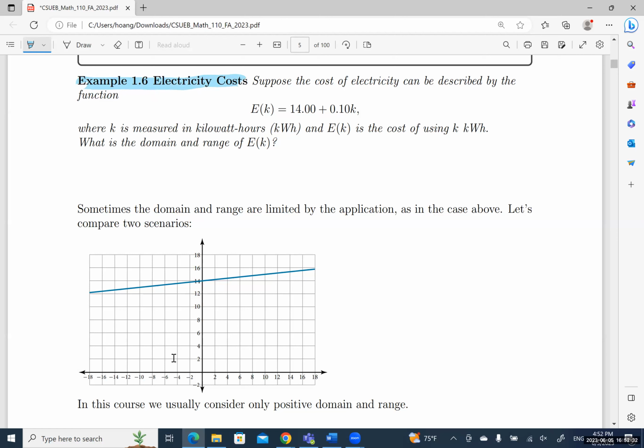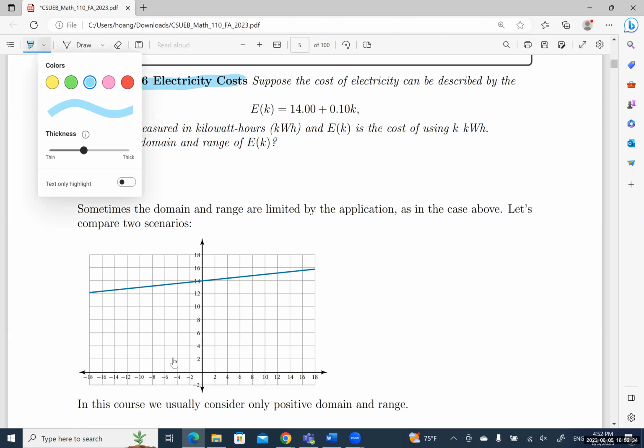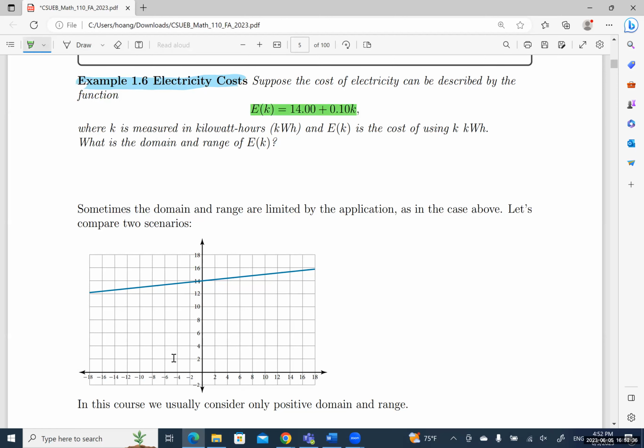And we suppose that the cost function of the electricity can be described by E of K equal to 14 plus 0.10 K, where K is measured in kilowatt hours.